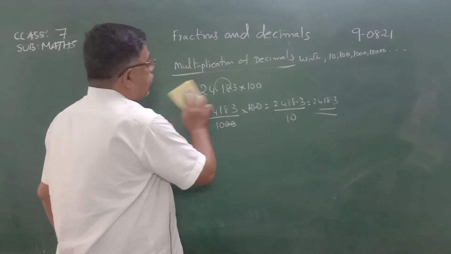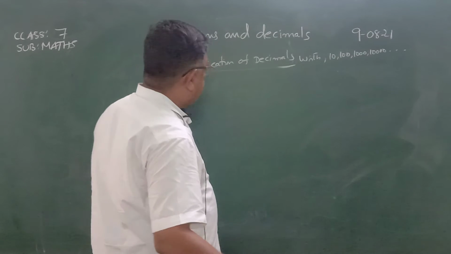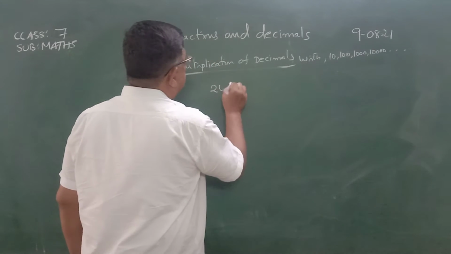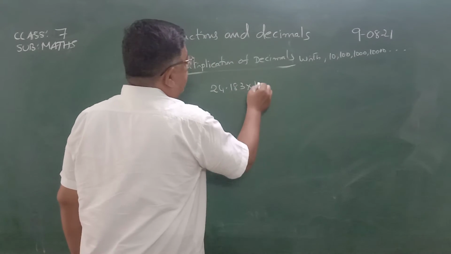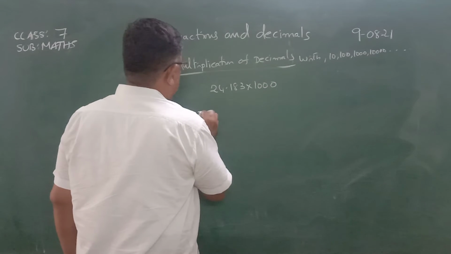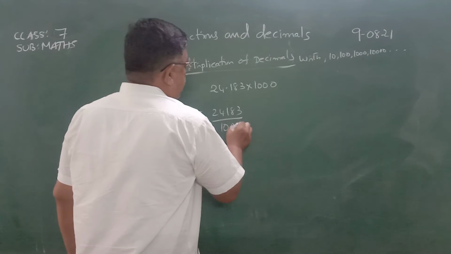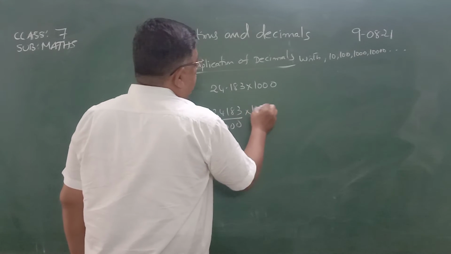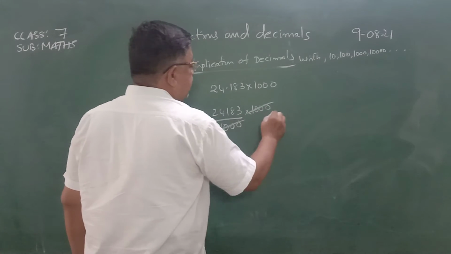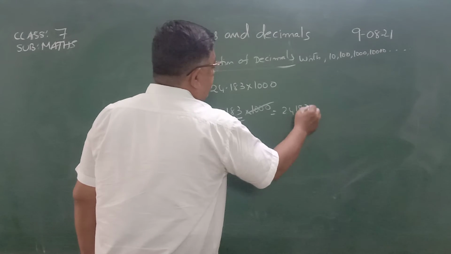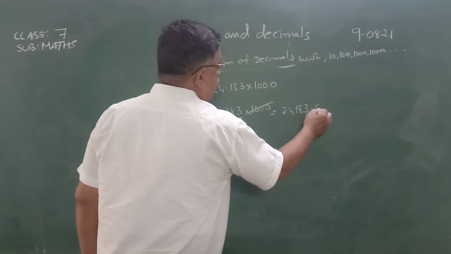Similarly, 24.183 multiplied with 1000 is equal to 24,183 by 1000 into 1000. So 1000 gets cancelled. So it is 24,183.0.